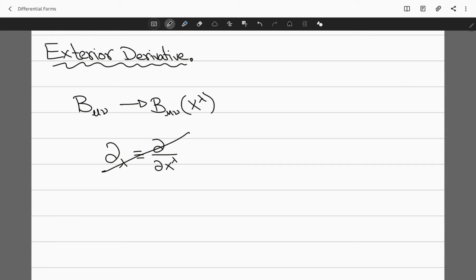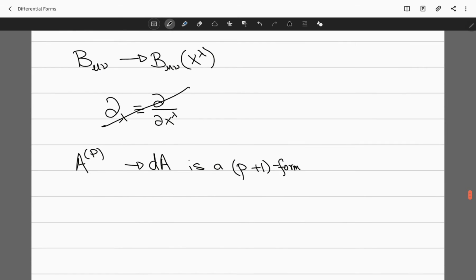On the other hand, if we are careful again, we can make a derivative such that the derivative of the form gives another form. Now, what I'm saying is, consider this form A, a P-form. Then dA is actually a P plus 1 form, and it would have components.